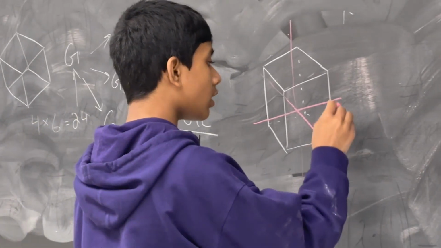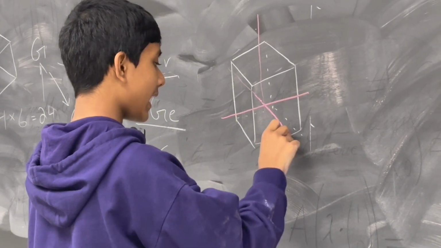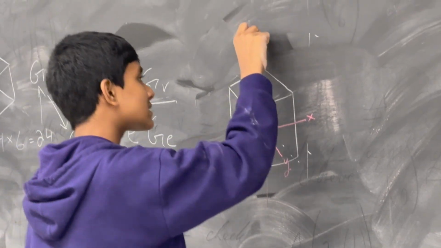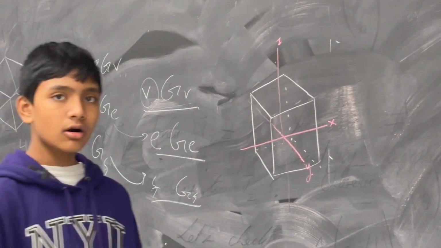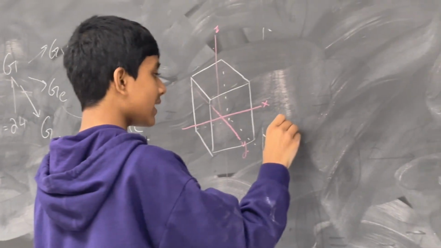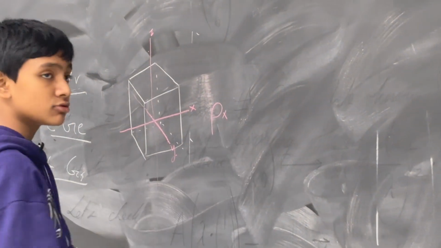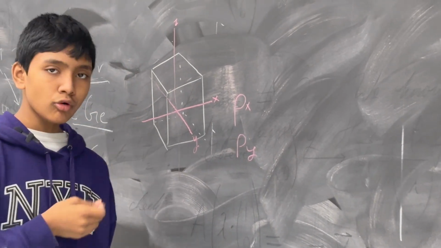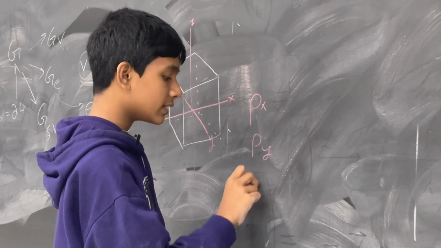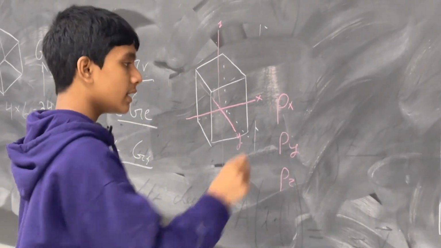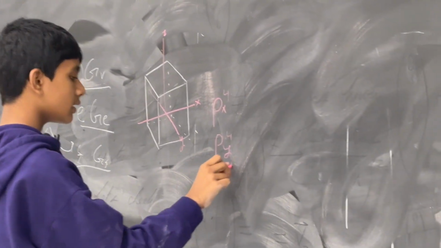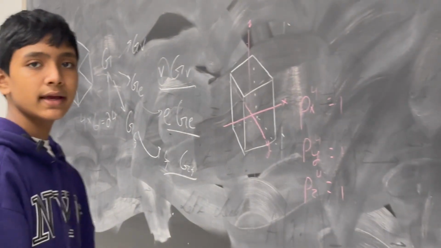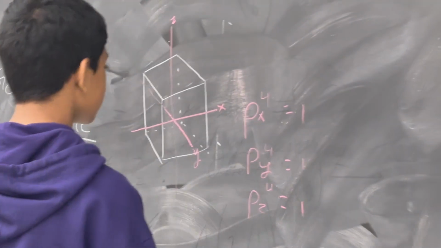I'm going to call this first axis the X, the second axis the Y, and this third axis the Z. Any rotation of 90 degrees around the X I'll call rho X, around the Y, rho Y, and around the Z, rho Z. And of course, these all have the property that if you repeat them 4 times, it'll just give you back the identity.